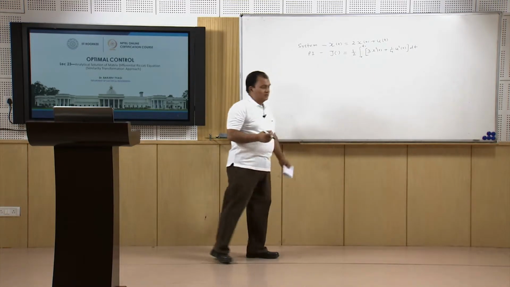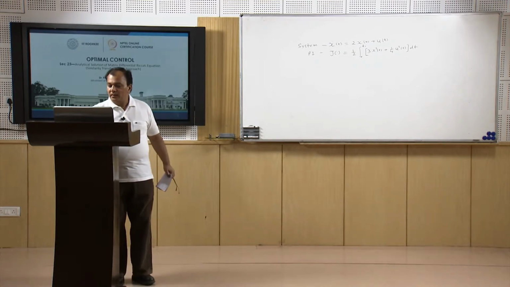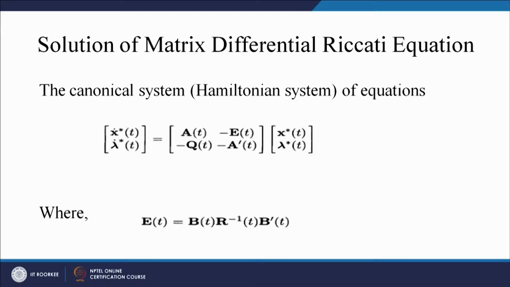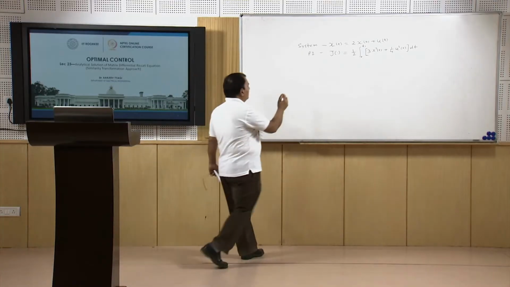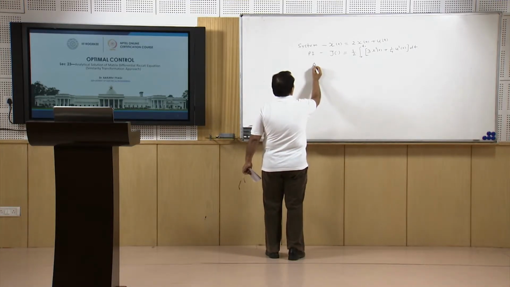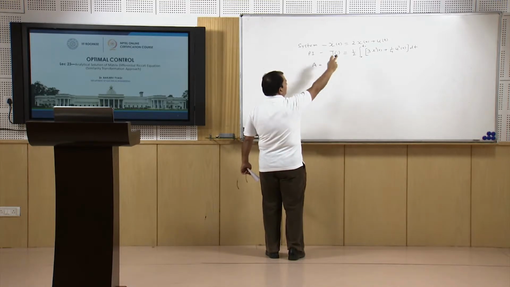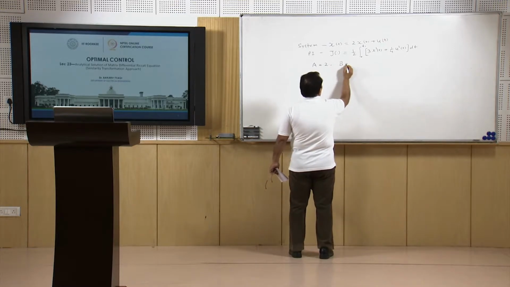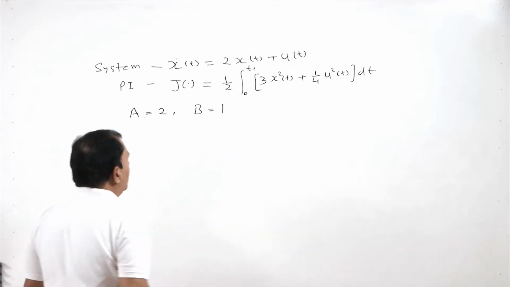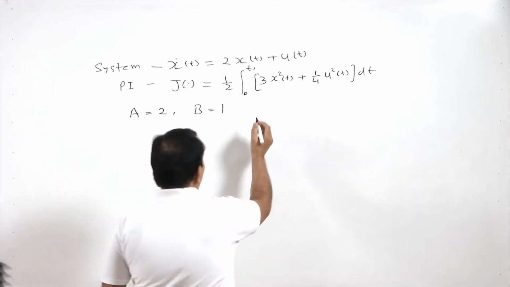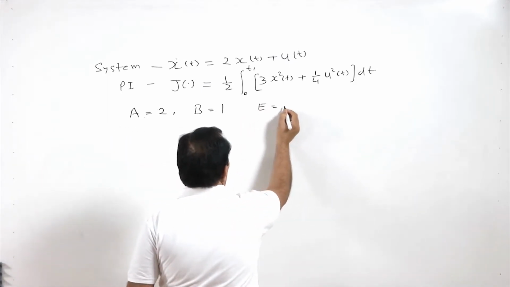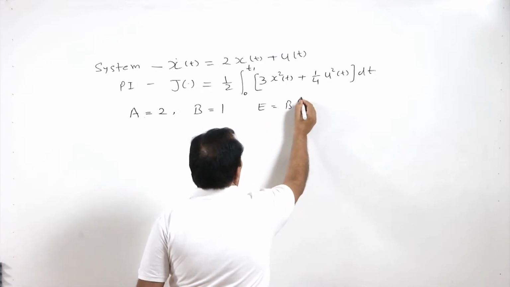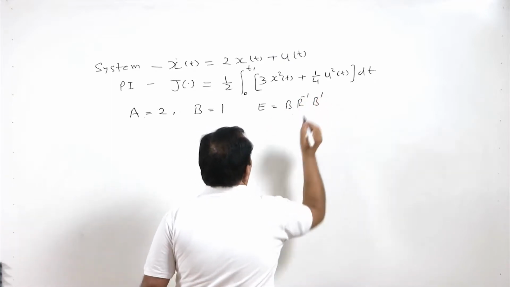So we will take this state transition matrix approach. First we have to define my Hamiltonian matrix. To define it, I must know my matrix A. In this case x dot is 2x, so A is 2, and B equal to 1. Then I need E, which is B R inverse B prime.